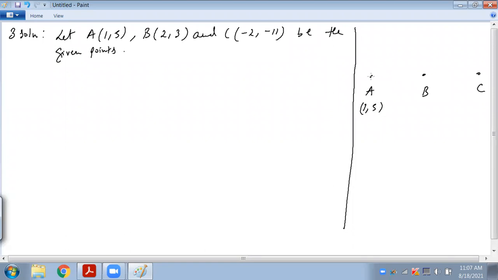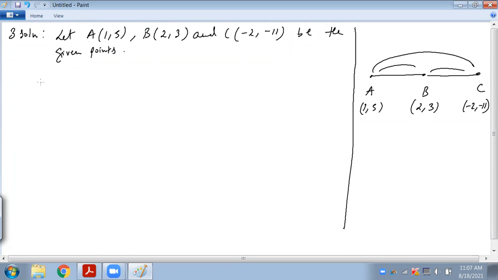We'll find the distance between A and B, then B and C, then again AC. First we'll find AB, then BC, then AC. First let's find it, and then I'll tell how to see whether they are collinear or not.